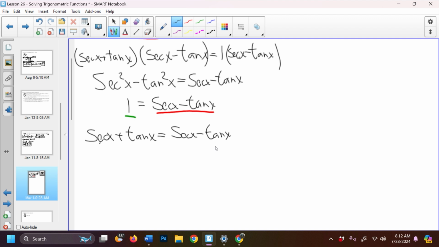And if I add tangent to both sides and subtract secant from both sides, I'll have 2 tangent x is equal to 0. If I divide both sides by 2, I'll get tangent x equals to 0. So tangent x is always equal to 0, so we'll save that.